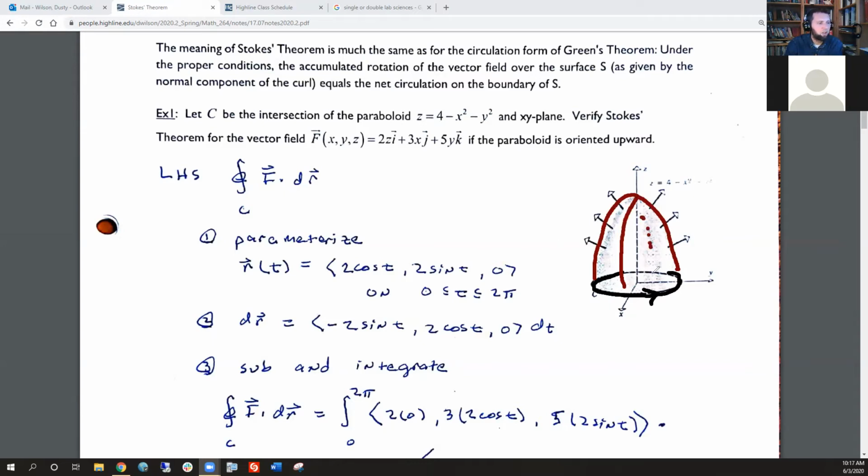We could have actually just calculated the surface integral across the disk and just use that disk at the base, the green disk at the base, and we would have gotten the same result, which would have probably been even easier than either of the other two options. Questions? Very good.